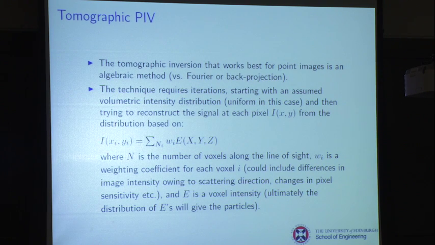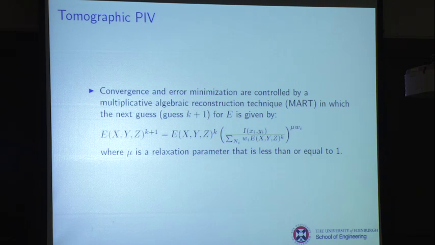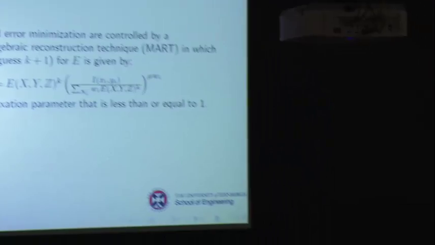So you construct that distribution from your assumed distribution, and then you do a comparison, trying to move more towards what it is you actually measured. So you have this guess at what it's supposed to look like. You have the measurement. You turn that guess into something that you compare to the measurement. It's got an error in it.